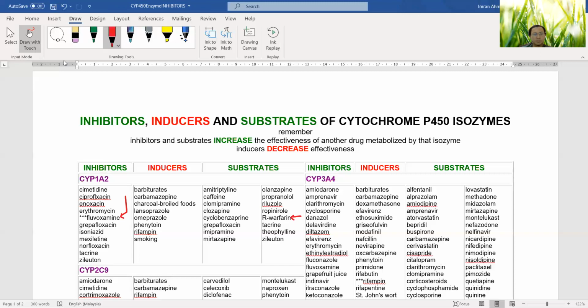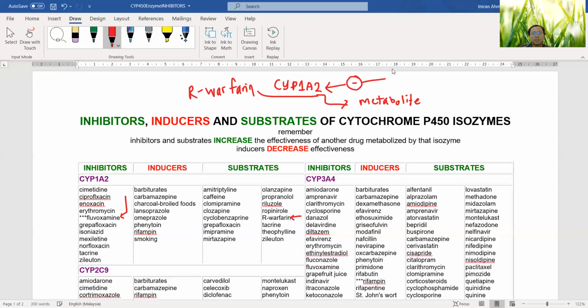Warfarin is metabolized by CYP1A2 to its metabolite. If we have Fluvoxamine on top, and Fluvoxamine is an inhibitor, Fluvoxamine inhibits this reaction.